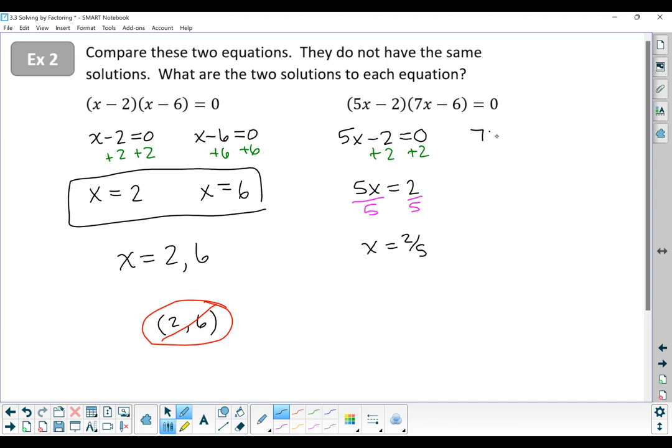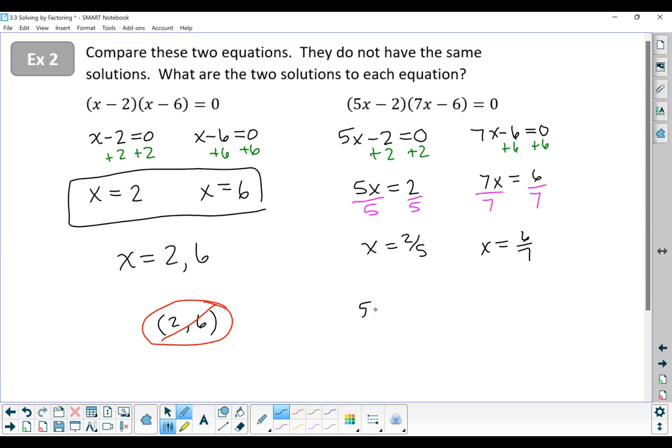For my second answer, I need to add the 6 just as I did before, but the x has a coefficient, so I also need to divide. So I get the solution 6/7. So you can have fraction answers come up, and that's fine.